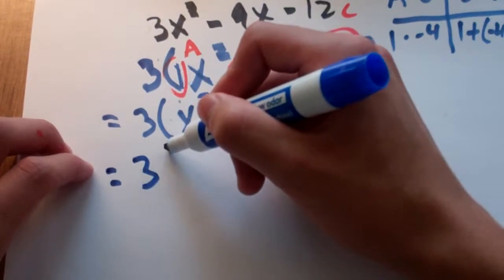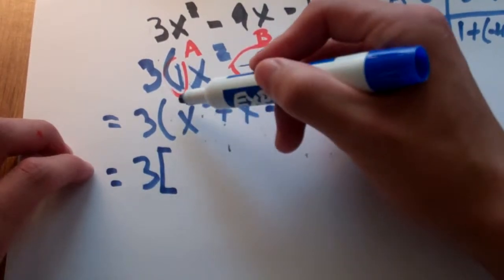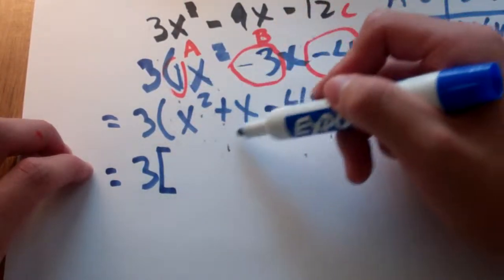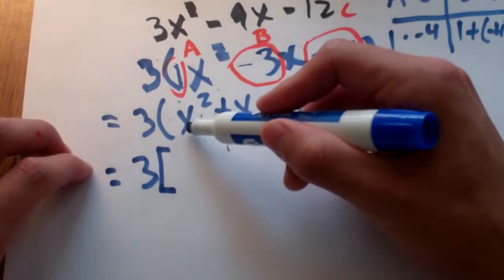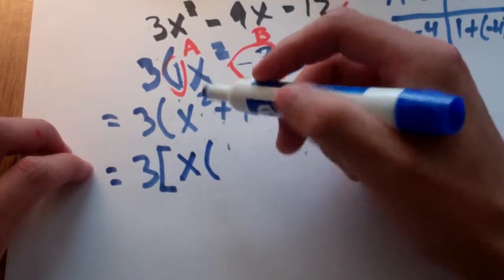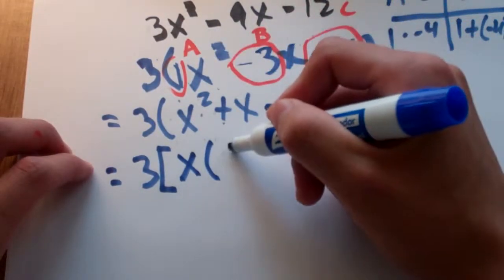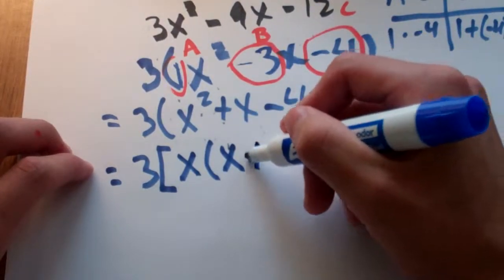It's 3 big brackets. And I'm going to factor out an x out of this first group right here, and then I'm going to work my way to this next group. So first I can factor out an x, and if I divide an x into this first term, I get x. If I divide x into the second term, then I get 1.